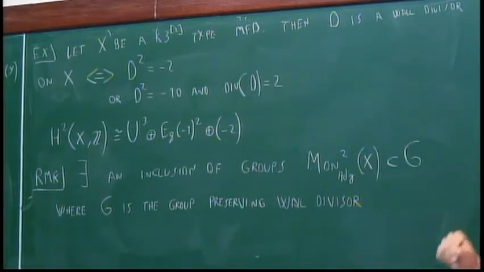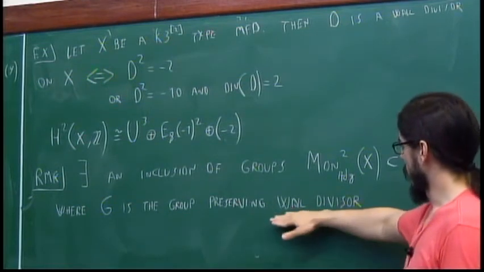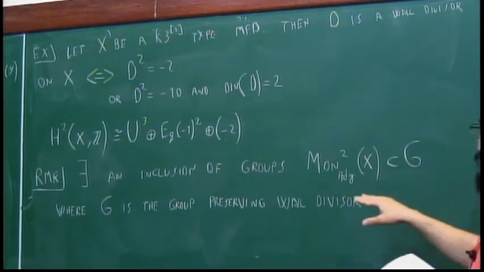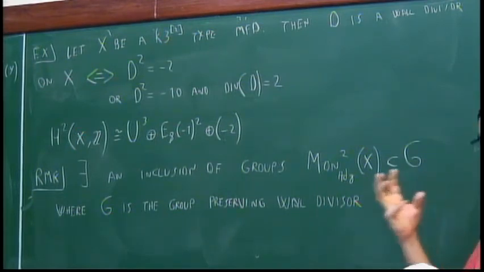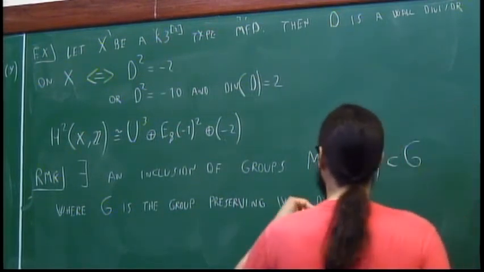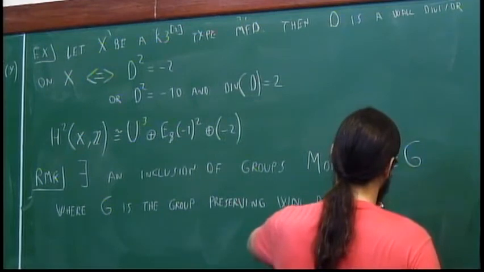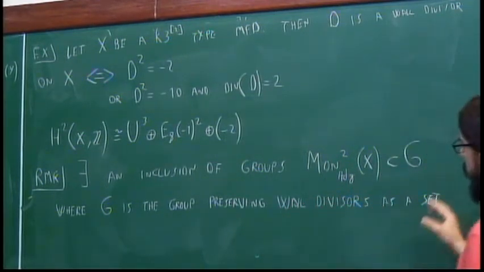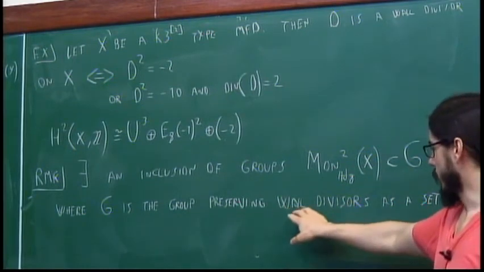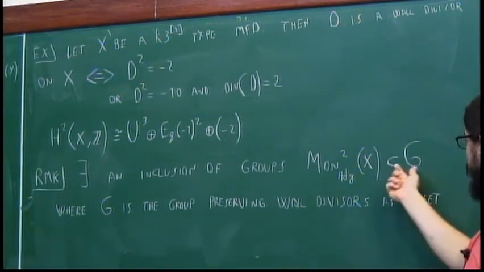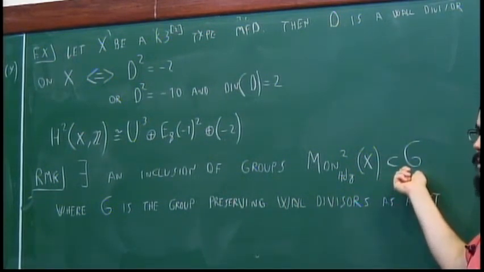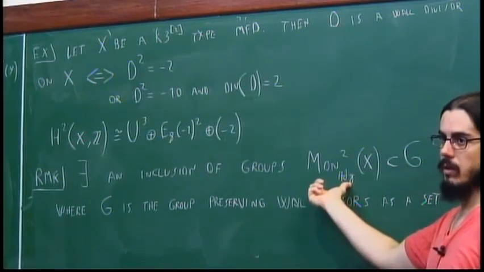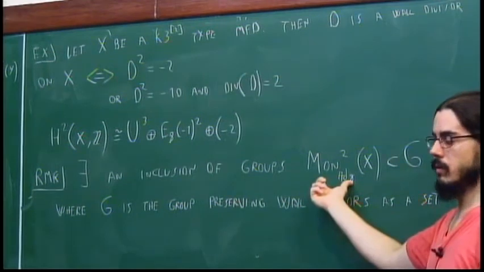So if we know what the wall divisors are in a given manifold, as a set, yes, wall divisors as a set. So if we know how to find wall divisors, we can compute this group G, and this will give us an upper bound on this Mon^2_Hdg.